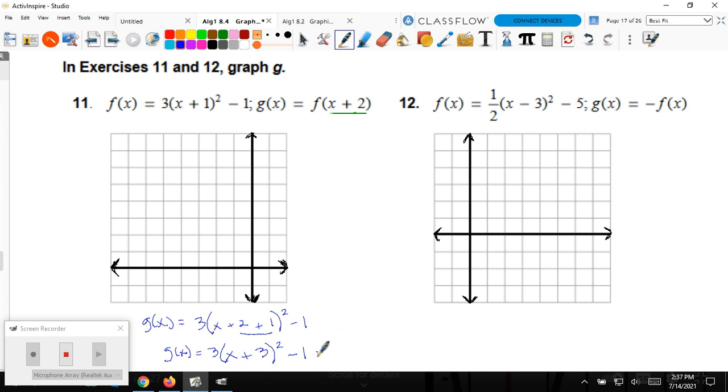So now when we graph this, we can talk about our vertex first. Vertex would be the ordered pair, -3, -1.